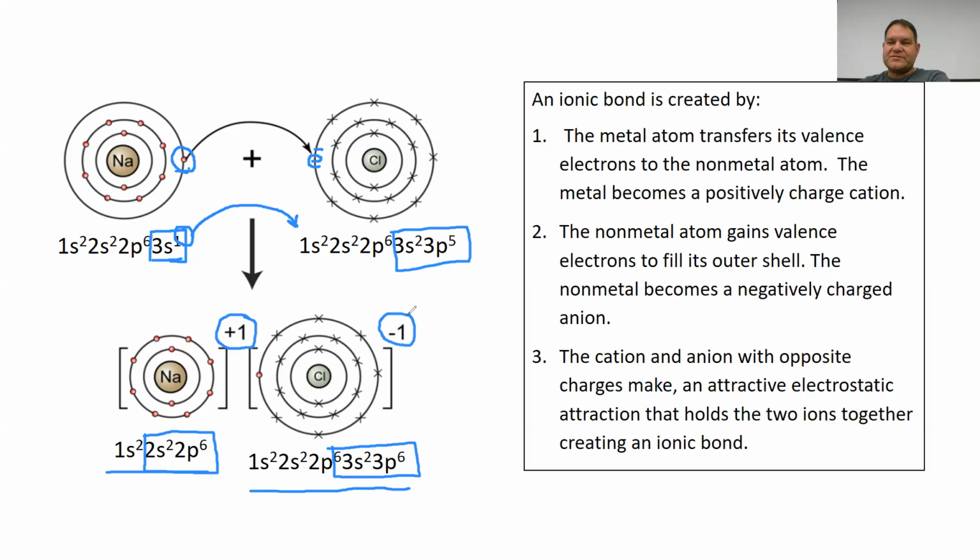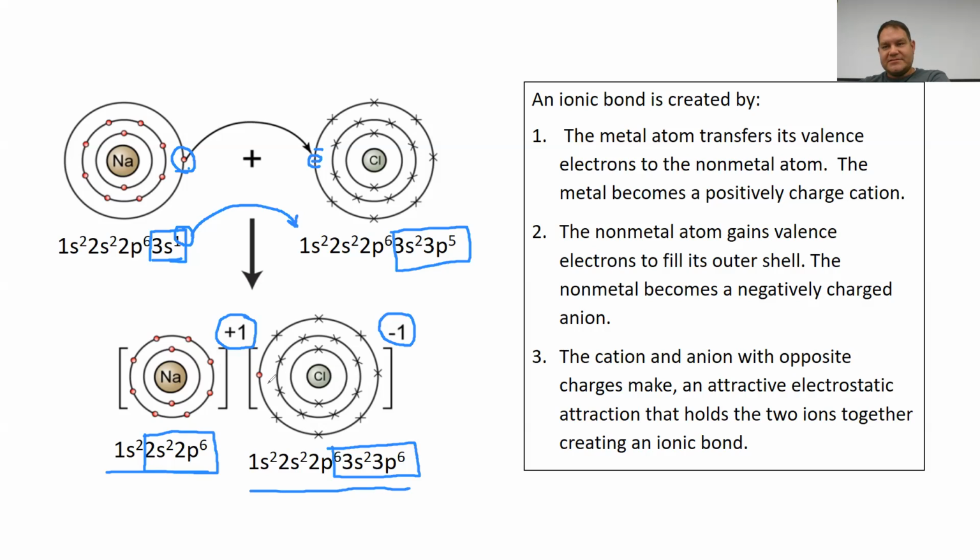So by themselves, they create an unfavorable situation. To rectify that, the two ions are going to come to an agreement. The metal and the nonmetal, cation, anion, are going to say, hey, if we bond together, if we form an ionic bond, then we can offset those charges, balance it out, and we're good to go.